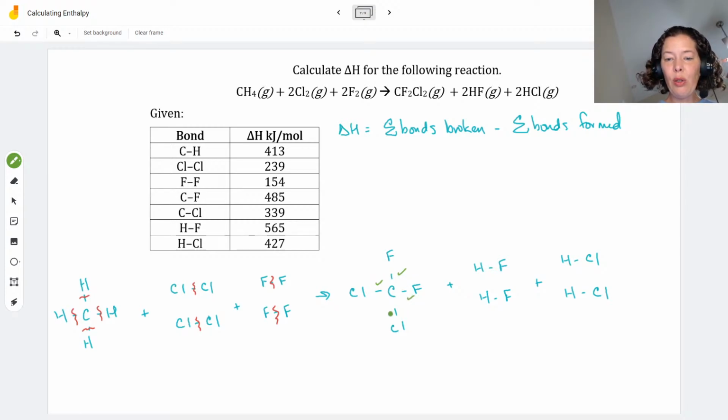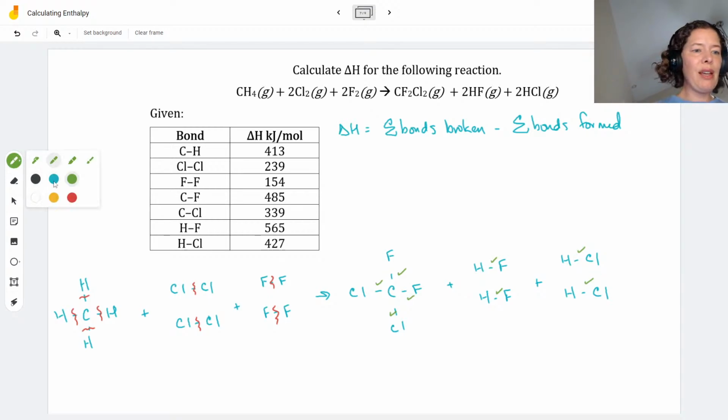These carbon-chlorine bonds are new. These hydrogen-fluorine bonds are new, and so are the hydrogen-chlorine bonds. So again, I've taken my reactants, I've broken all of the bonds, I've formed products, and all of the bonds there are new. So now it's just a matter of taking the energies of these bonds and adding up bonds broken, bonds formed, and then subtracting the 2.